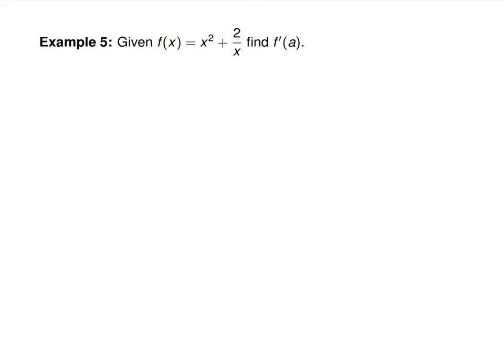Okay, so given this one, find f prime of a. So just f prime of a, we're not going to actually find a tangent line for a specific thing. So that'll be the limit as h goes to 0 of f of a plus h minus f of a, all over h. So what's f of a plus h going to be?